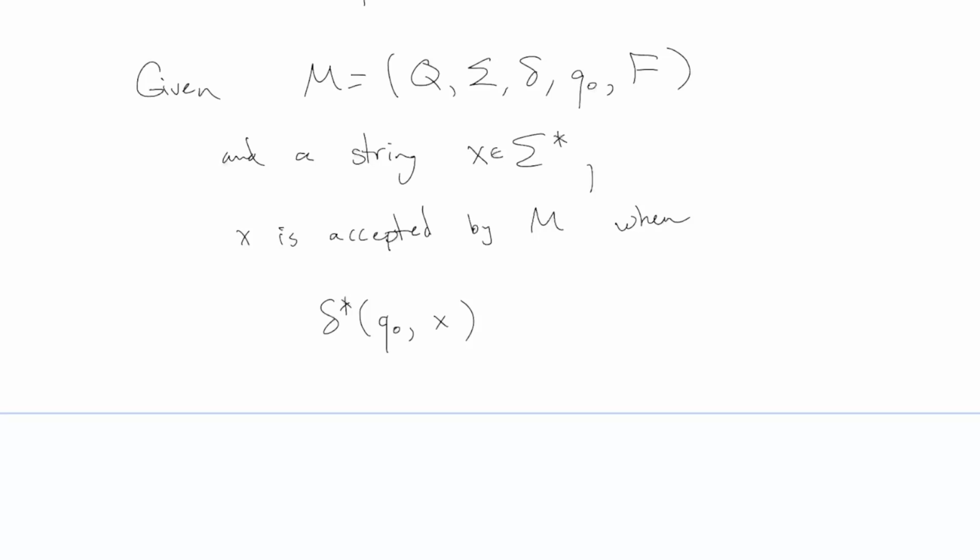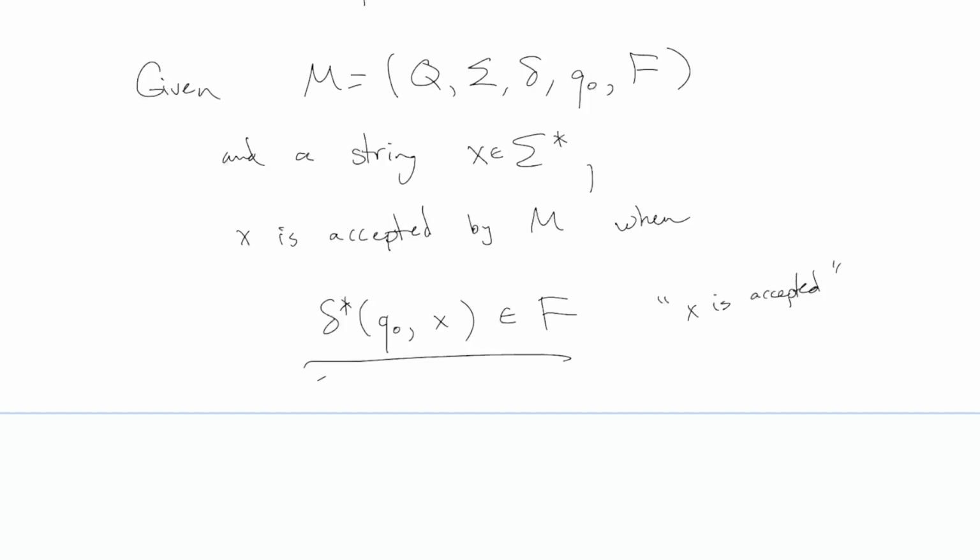And then what do I say about whether this is accepted or not? This is accepted if the answer here is a state, and if that state is part of the set of accepting states, then it is accepted. And the way we write that is just this. This is a very compact way of saying in ordinary language that x is accepted.